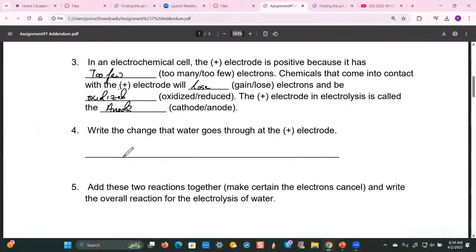It's going to be H2O to form H plus, O2 plus electrons. And to balance this, we're going to need 2, 4, and 4 here. So that would be the reaction that takes place at the anode.